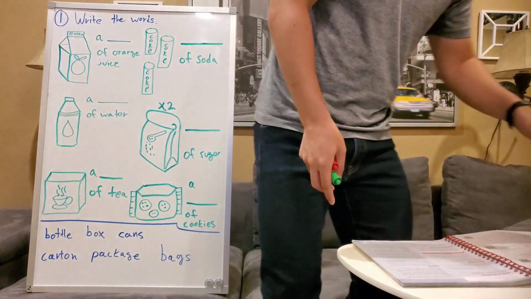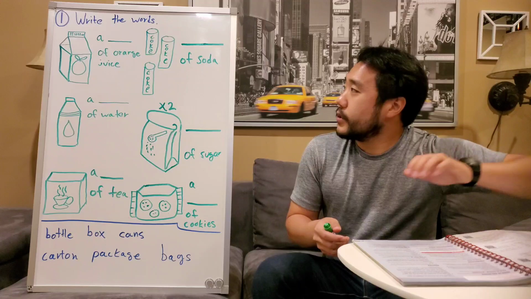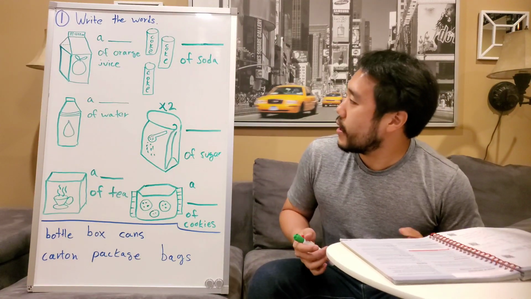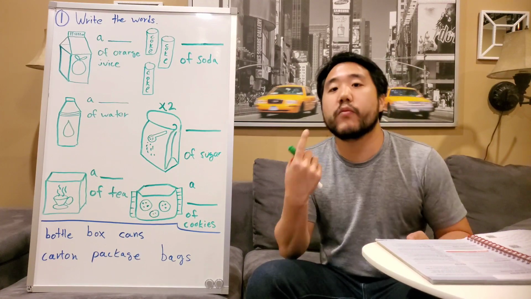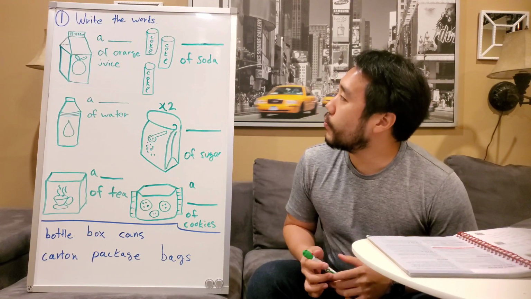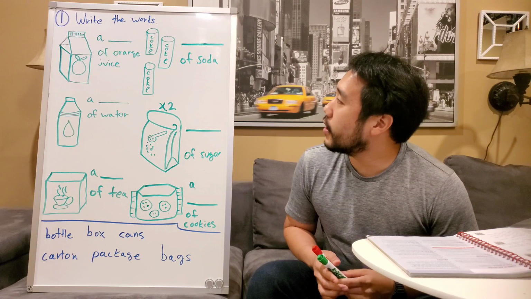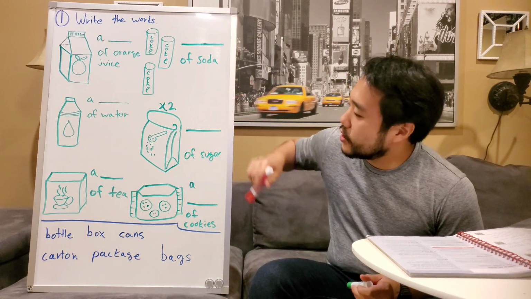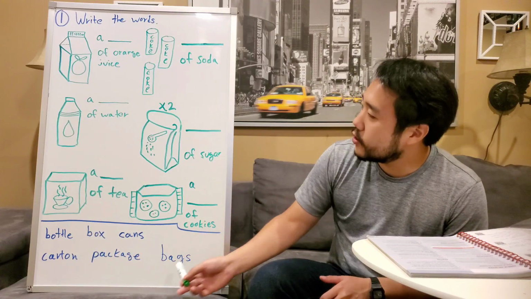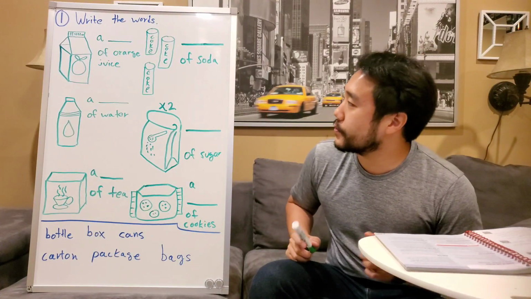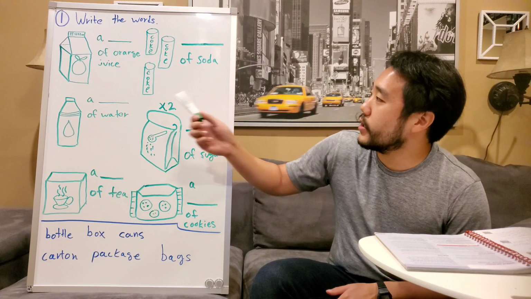So for the exercise here, I drew some pictures, and what we're going to do together is write the words for each picture, okay? And then here are the nouns that I want you to use to fill in the blanks. So I'm just gonna read it out together with you.